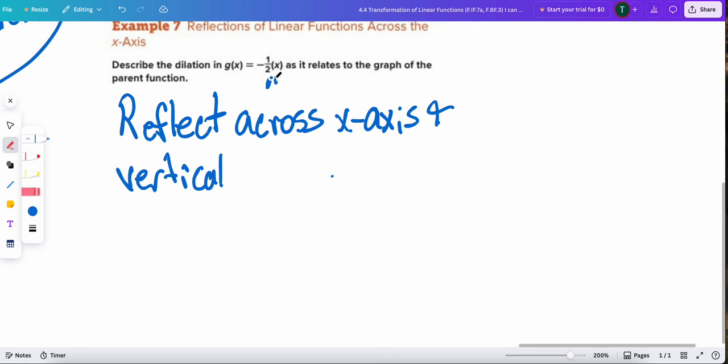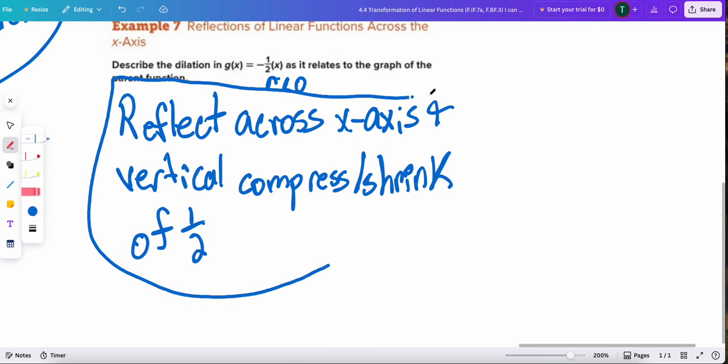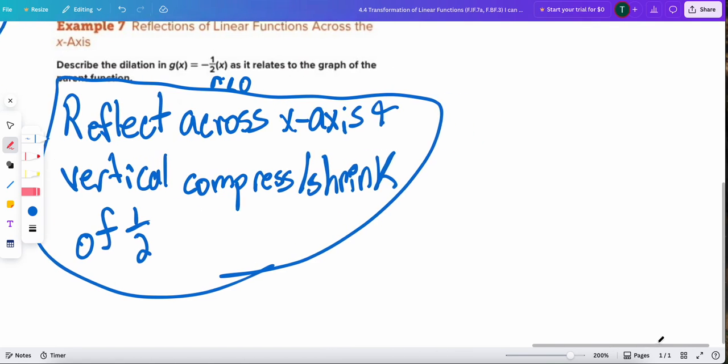This is 1/2, which is less than 1. So this would be the compress or shrink. I'll use both terms because I don't know which one your state test will use. And since it's on the outside, you do what it says. So of 1/2. So it caused us to reflect across the x-axis and to do a vertical compress or shrink of 1/2.